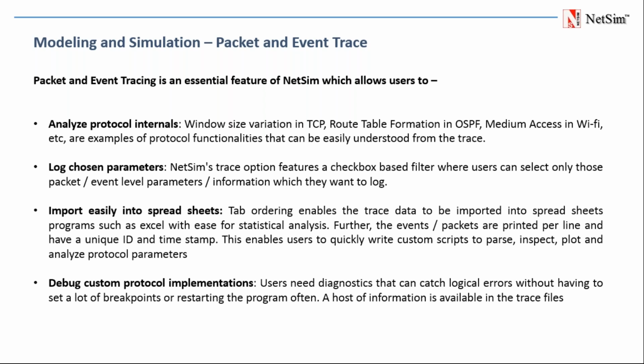As NetSim is a discrete event simulator, the event trace records every single event along with associated information such as timestamp, event ID, event type, and more in a text file or .csv file, which can be stored at a user-defined location.